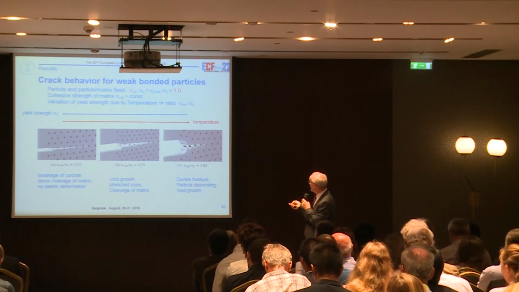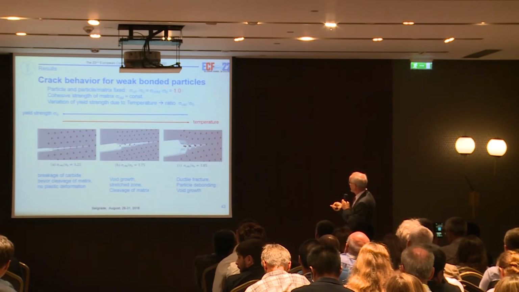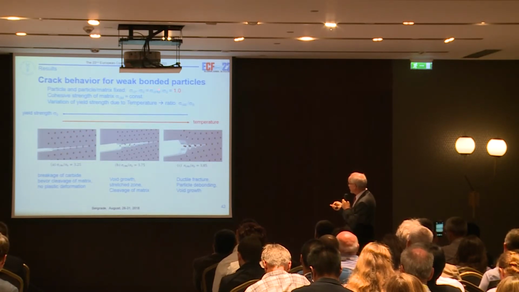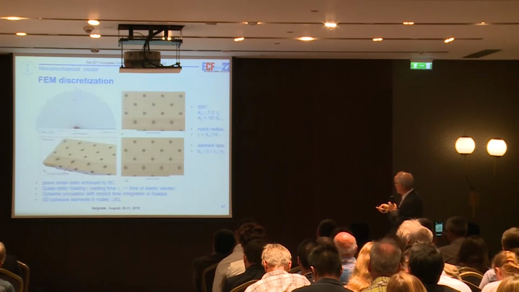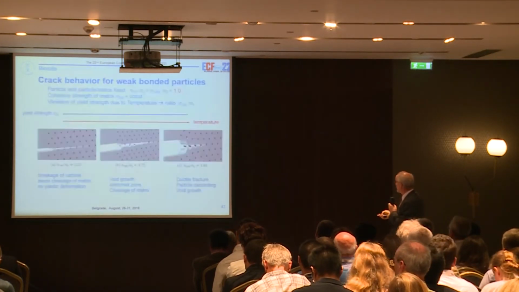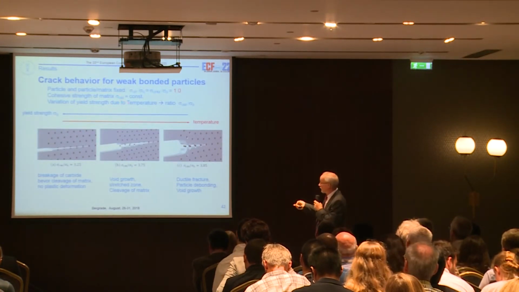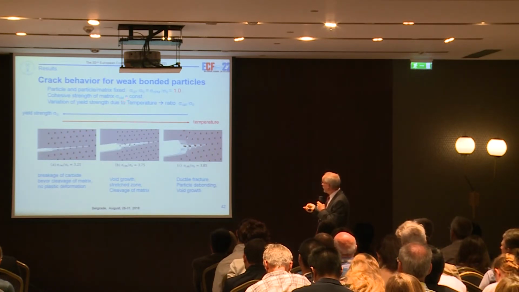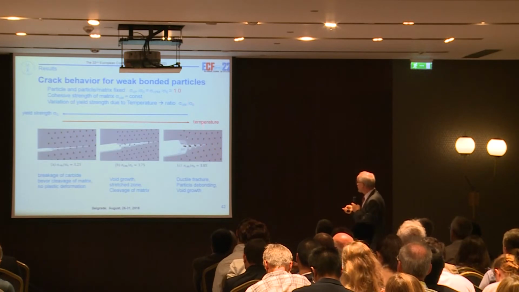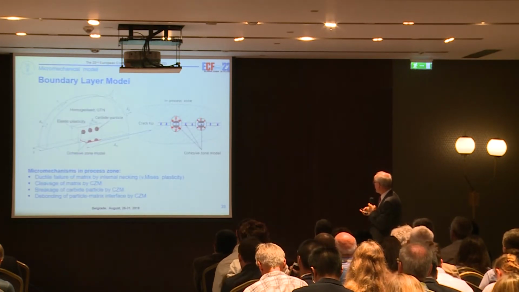And now we assume that the particles are weak and weakly bonded, so they have the same strength as the yield strength of the matrix. And now we vary only the cohesive strength of the matrix, and we vary the temperature. That means in effect we vary only the yield strength. This ratio, again, high temperature, high ductility.